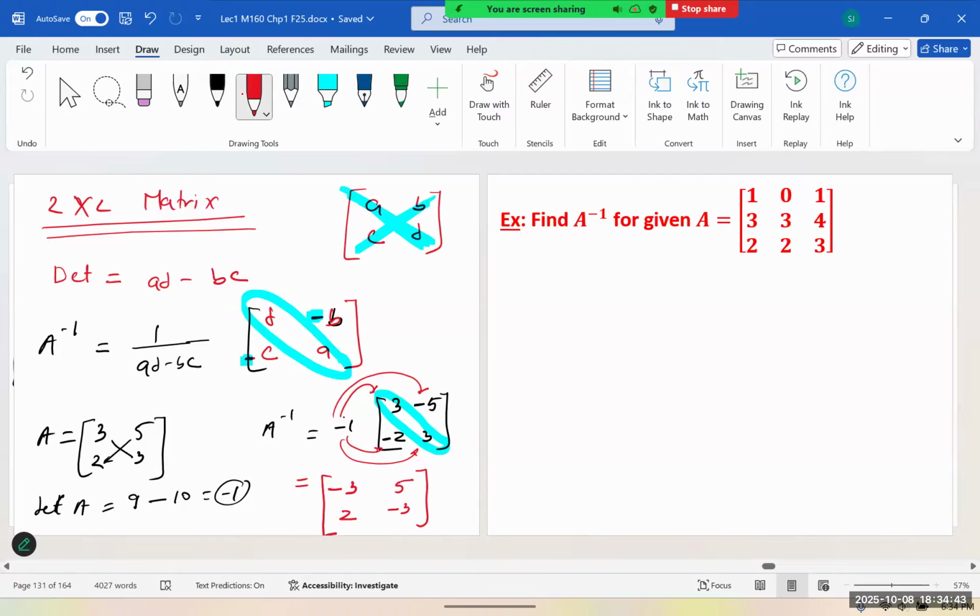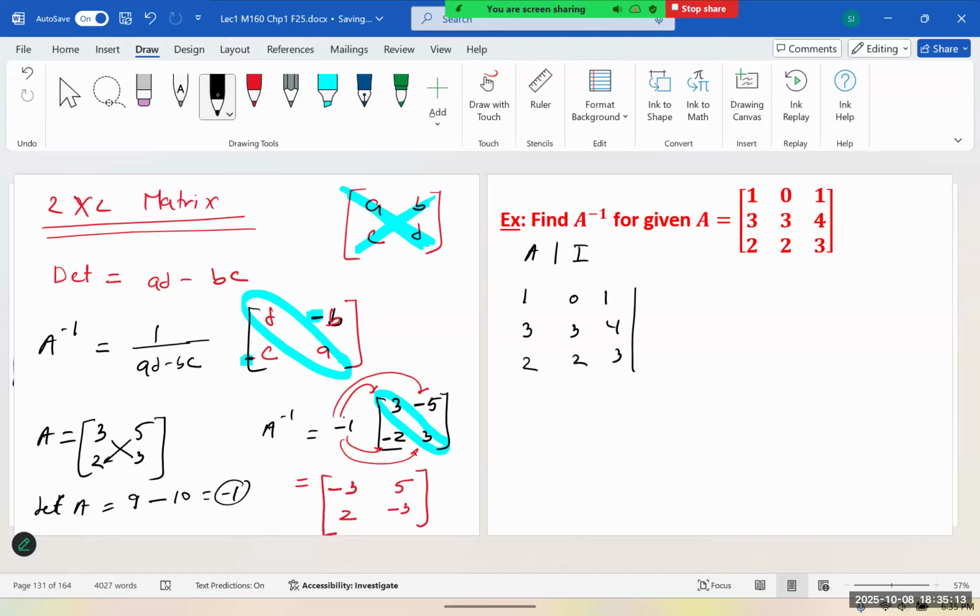For 3 by 3, we cannot use this method of determinant. 3 by 3 determinant is hard, so we are going to use row echelon form. So you start with A I and convert into I A inverse. So we have row wise 1 0 1, 3 3 4, 2 2 3.